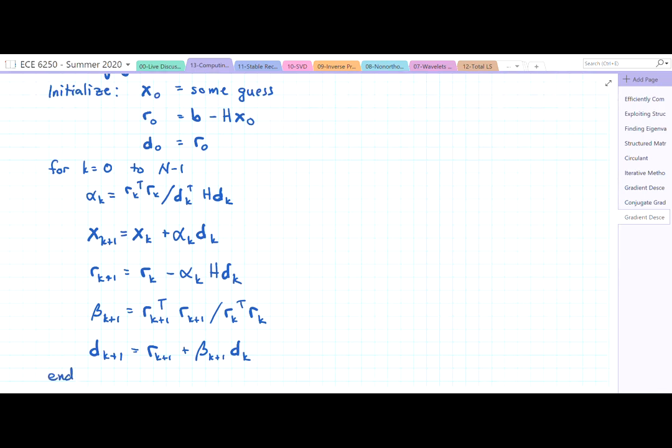Then we end. Okay, a few things to point out here. This is performed n times. And in the PDF notes that go with the class, we can actually prove that this does converge in n steps.